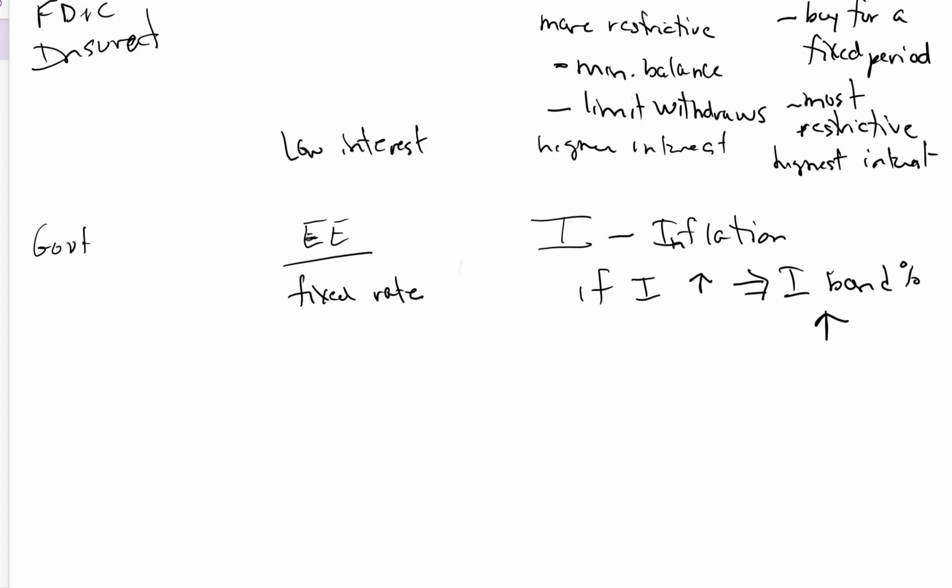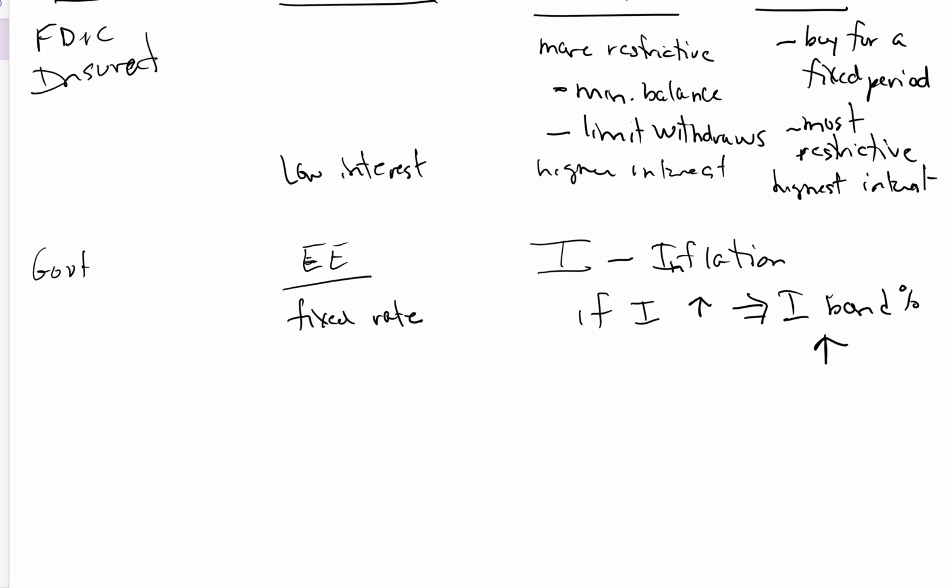Now the last type of product is by an investment company. And it's really a money market mutual fund. That's what they call it. And it's got a fund. So instead of a money market account from a bank, it's a money market fund from an investment company. And the big difference between these, it's fully liquid.